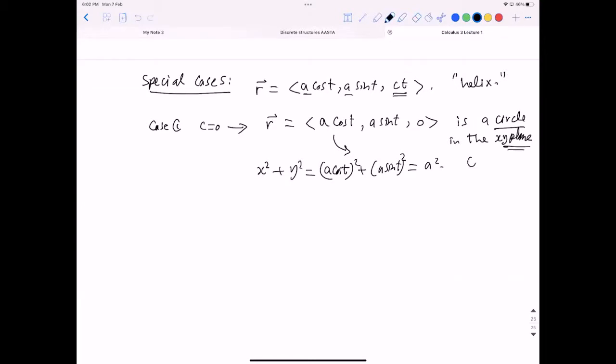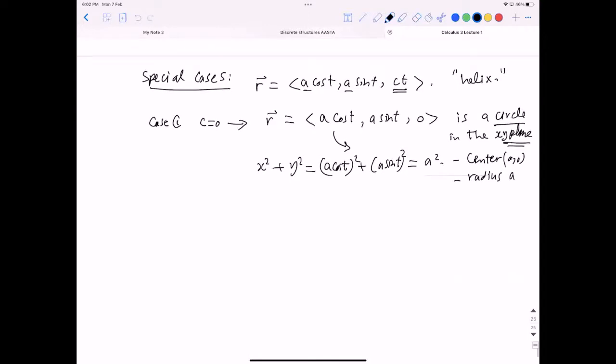So the center is 0, 0 and radius A. Got it? Okay, therefore the curvature of the circle, kappa of the circle, equals kappa at C equals 0.